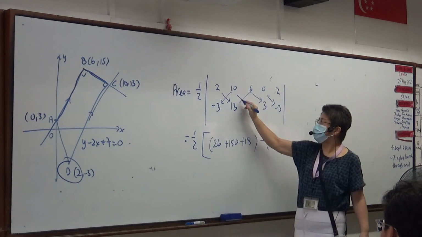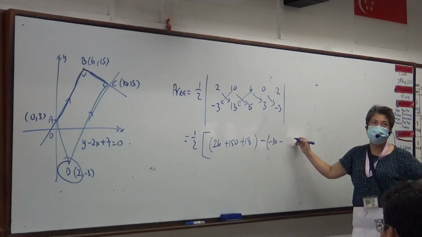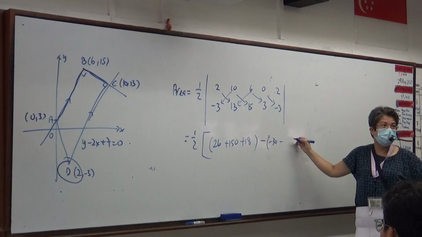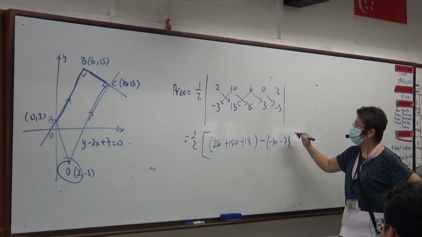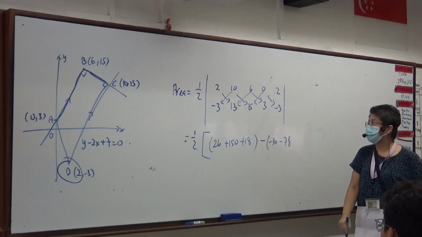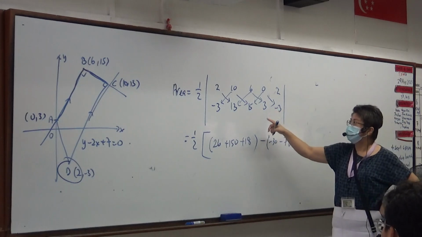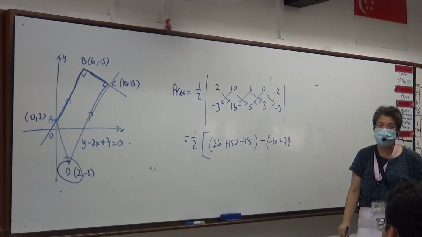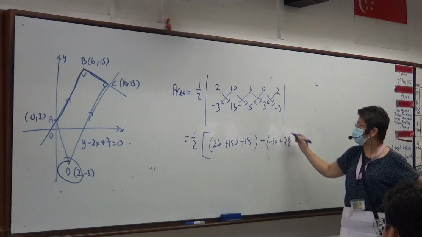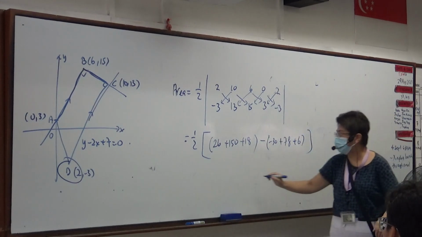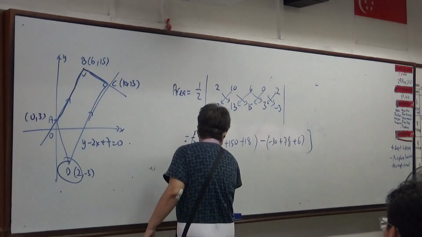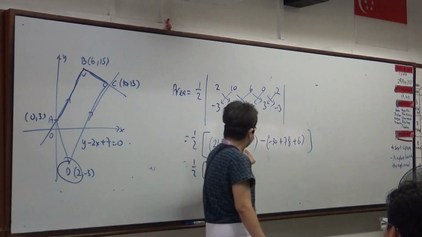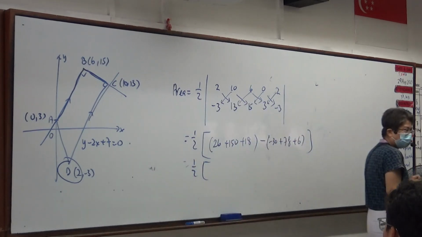Negative 30. Negative what? 78. This one is what? Positive 78. This is 0, right? What about this? 6. Okay. Can someone press for me this one first? This one is how much?